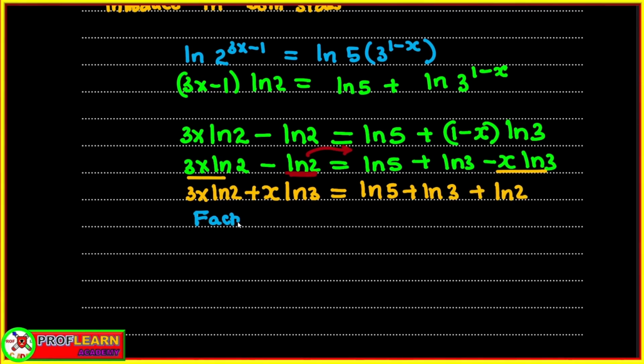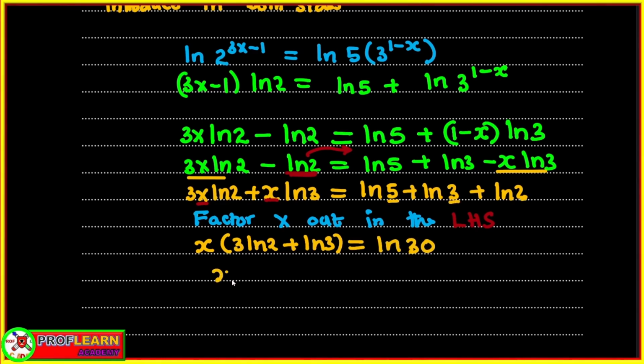Here we're going to factor out x, so that we can have an expression we can divide both sides. All right, so this can reduce to ln of 2 raised to the power 3, ln of 3, and this is going to be ln of 30.